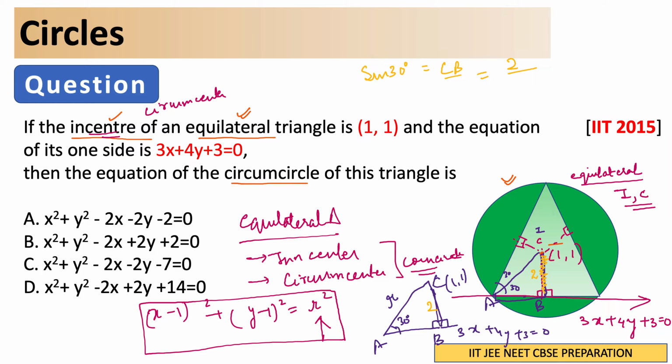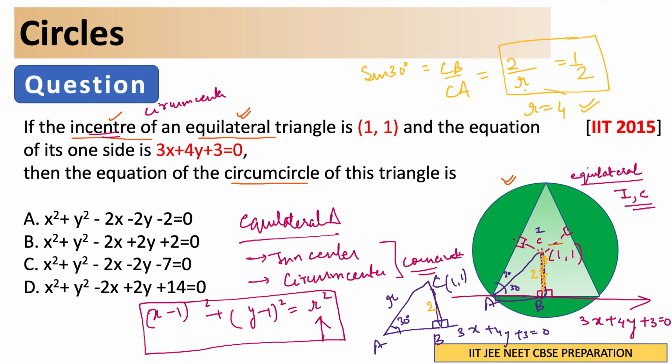So CB we calculated is 2, and CA is nothing but R, right? So sine 30 is what? Sine 30 is 1 by 2. So just replace sine 30 with 1 by 2. So from here I can write radius is nothing but 4.